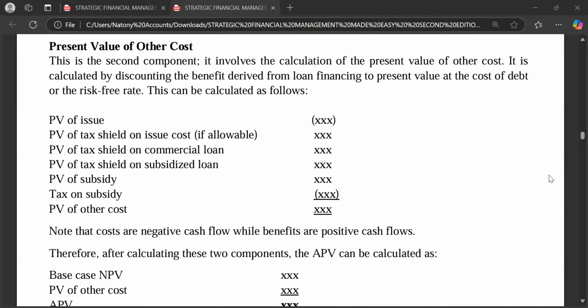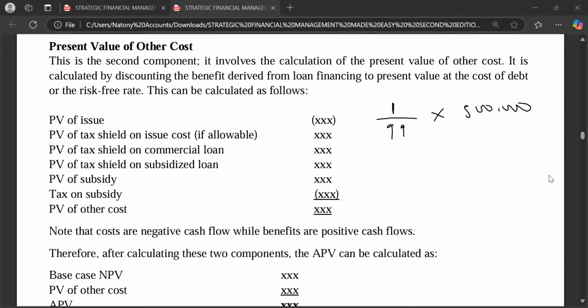Whichever way you want to solve it, what you need is 500,000 and the gross finance is what you are looking for. So 1% will be 1 over 99 times 500. This will give you the issue cost.